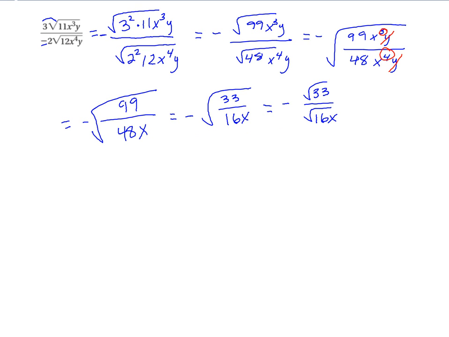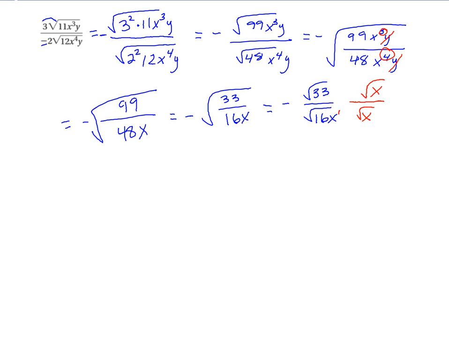Same question that we were asking before: what do I need to make these perfect squares? Well, 16 is already a perfect square, so I'm going to leave it like that. But x to the first, I need to multiply by another square root of x. So square root of x up there too.